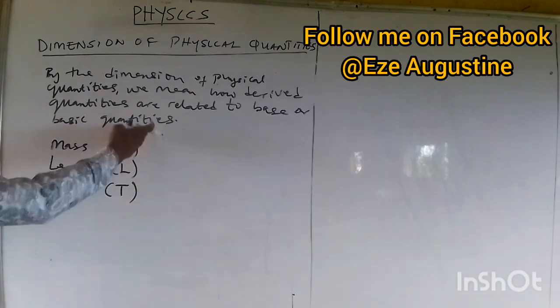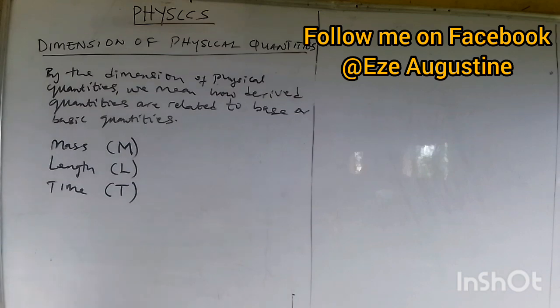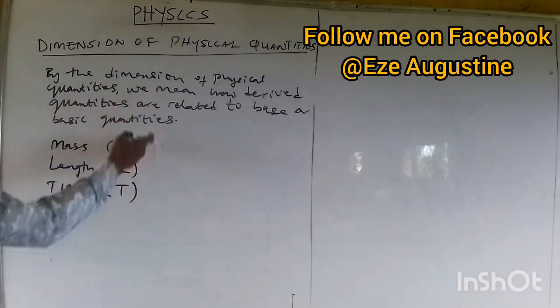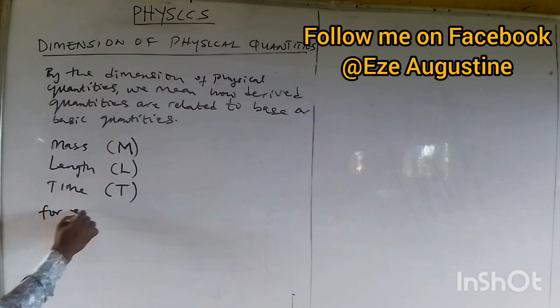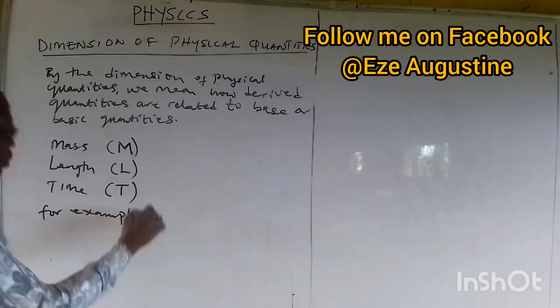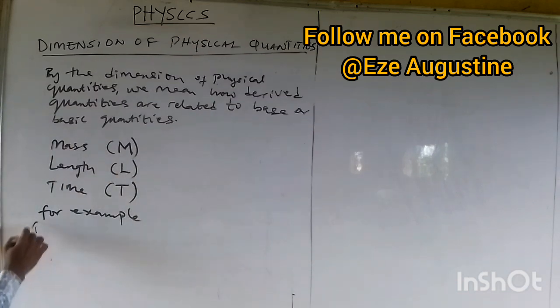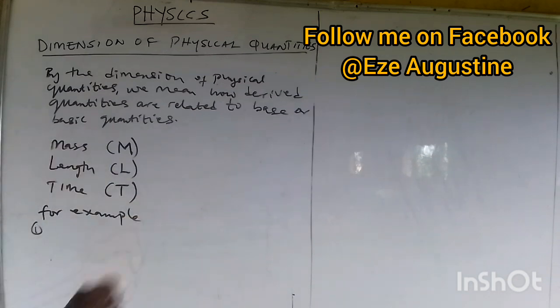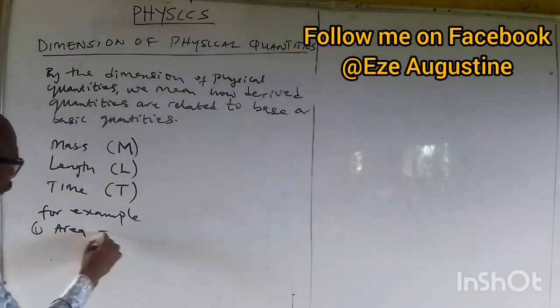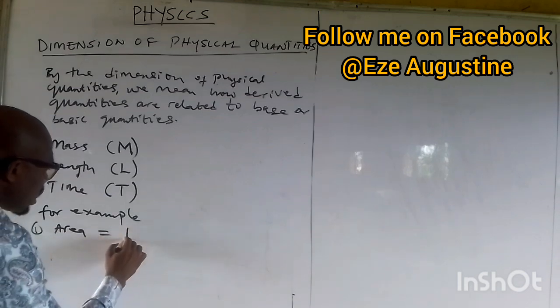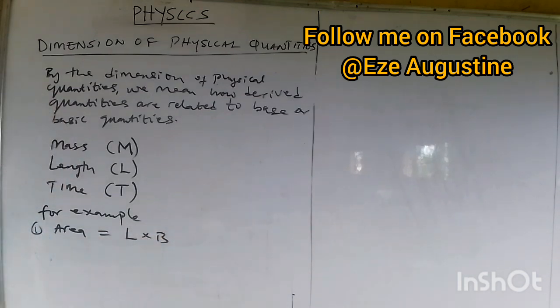Now, we want to look at how every other quantity relates to this. For example, example 1, we have area. Area is length times breadth.